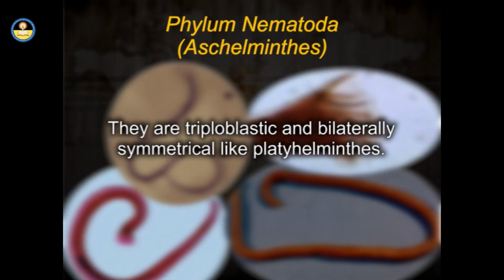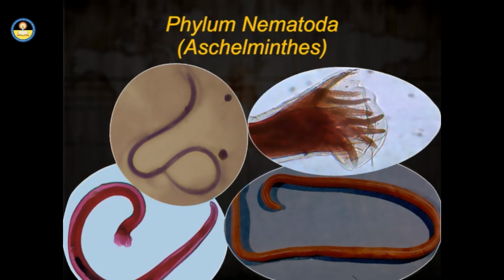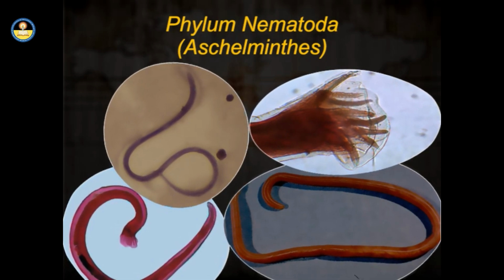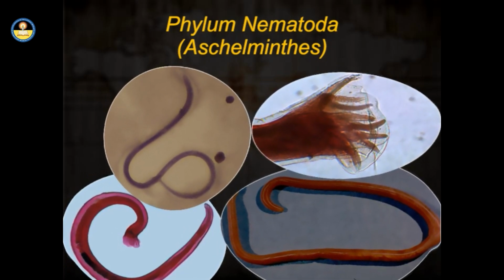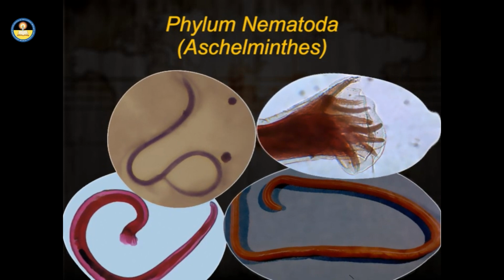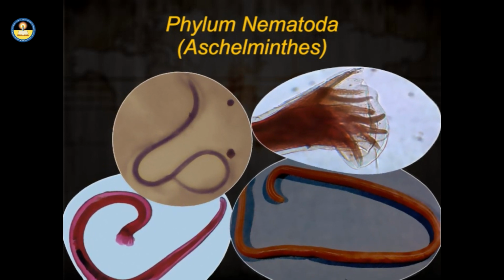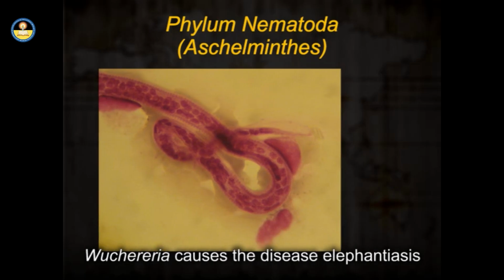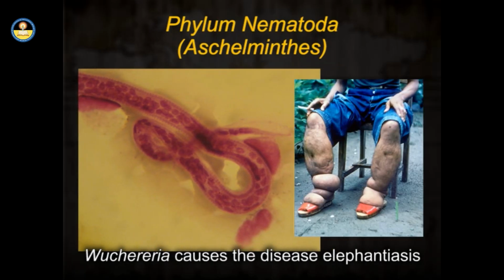They are triploblastic and bilaterally symmetrical like Platyhelminthes. Body is covered with an elastic cuticle. They are mostly parasitic. For example, Wuchereria causes the disease elephantiasis in man.